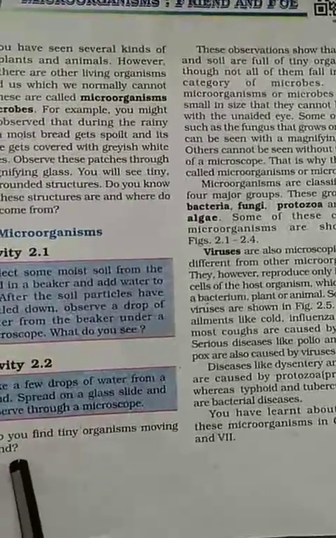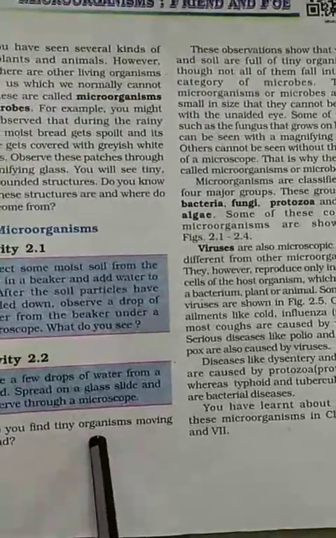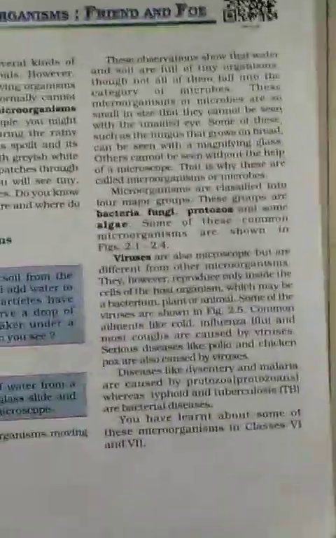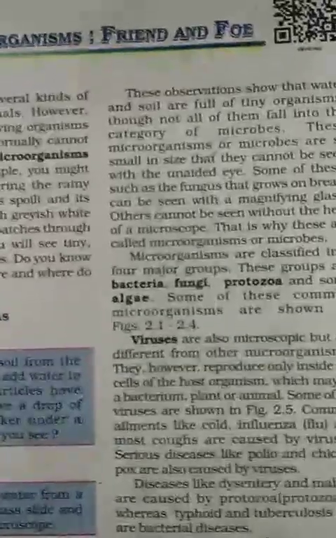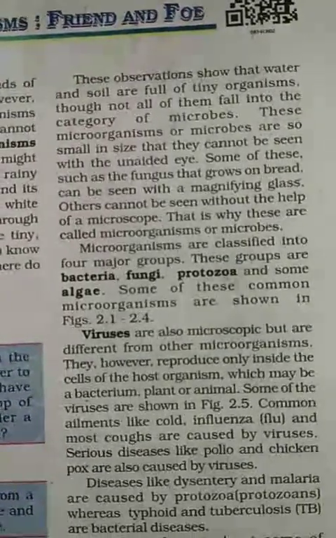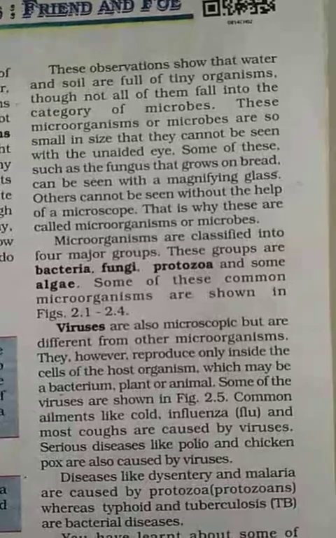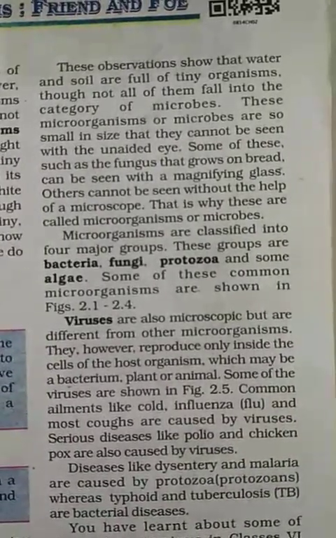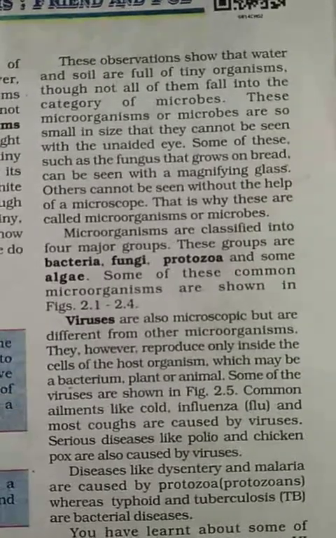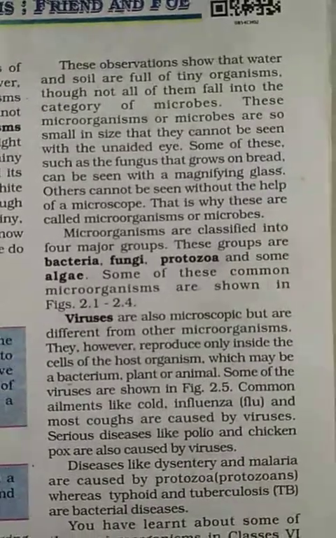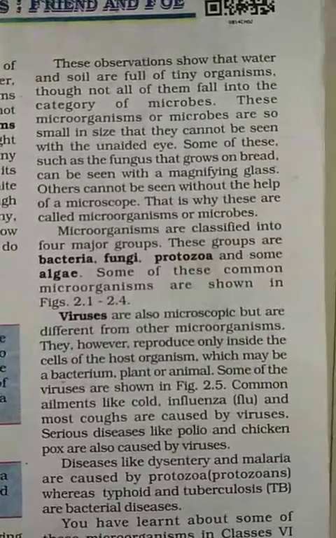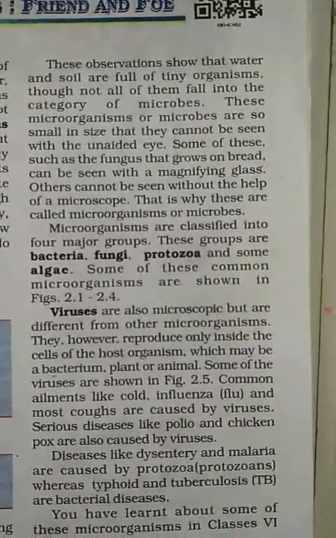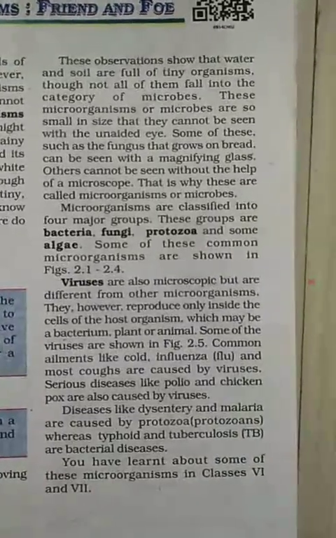Now, do you find any tiny organisms moving around? We cannot see them with our naked eye, but we can observe them under the microscope. This observation shows that water and soil are also full of tiny organisms. Though not all of them fall into the category of microbes, these microorganisms or microbes are so small in size that they cannot be seen with our normal eye.